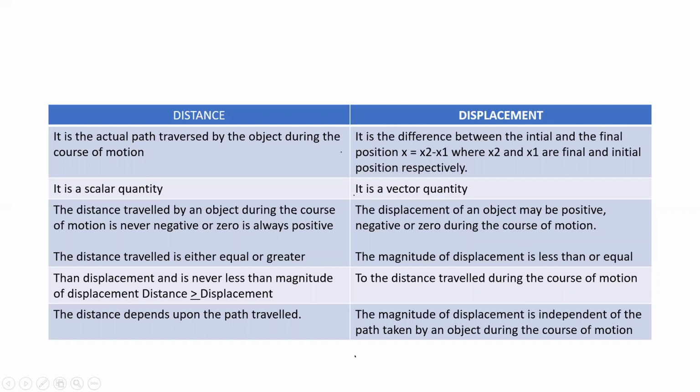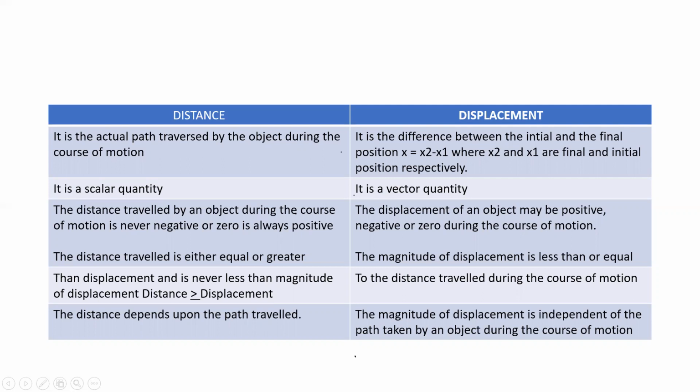Displacement is the difference between the initial and the final position. If you take the final position as x2 and the initial position as x1, then the difference between these two points is called displacement. Distance is a scalar quantity, displacement is a vector quantity.